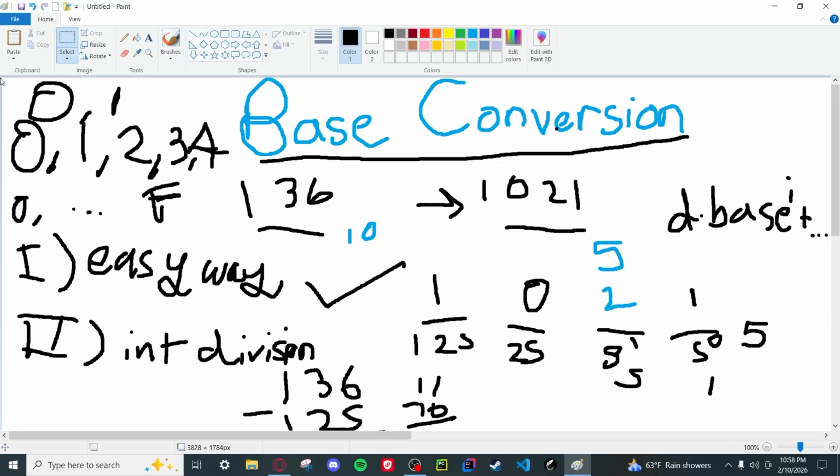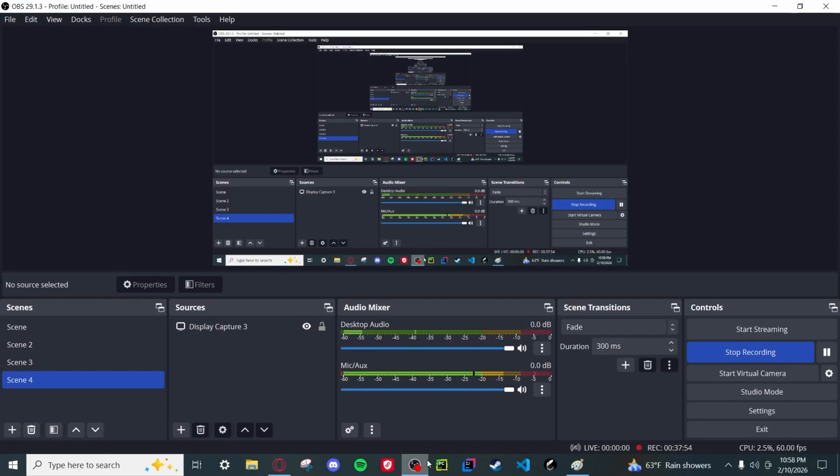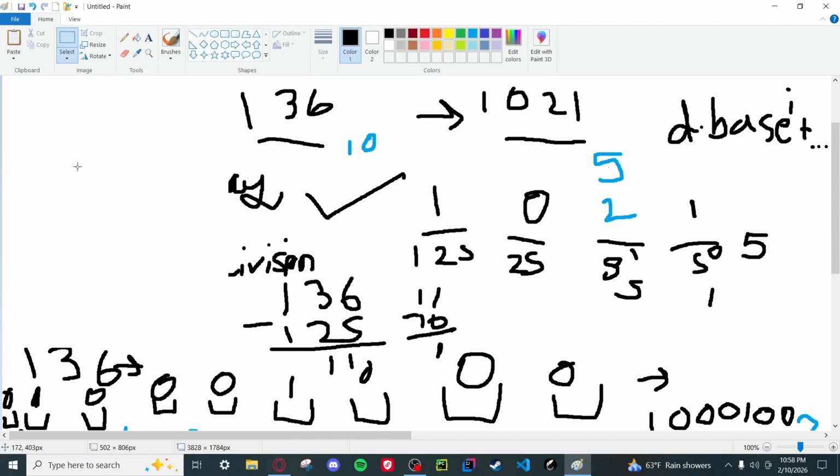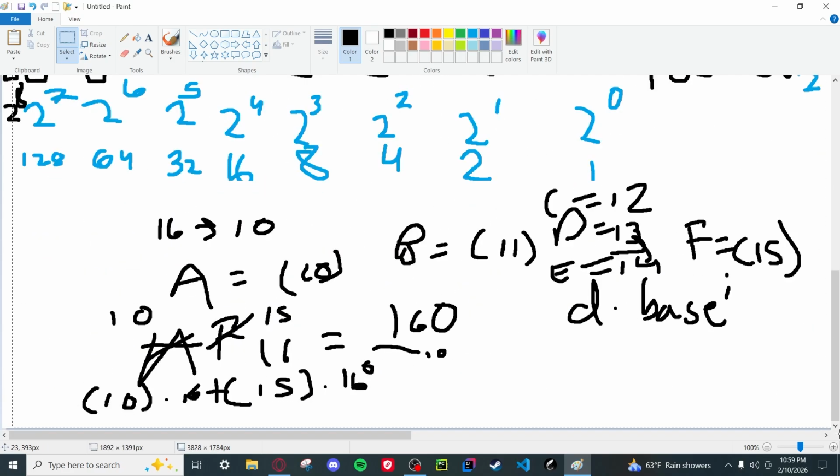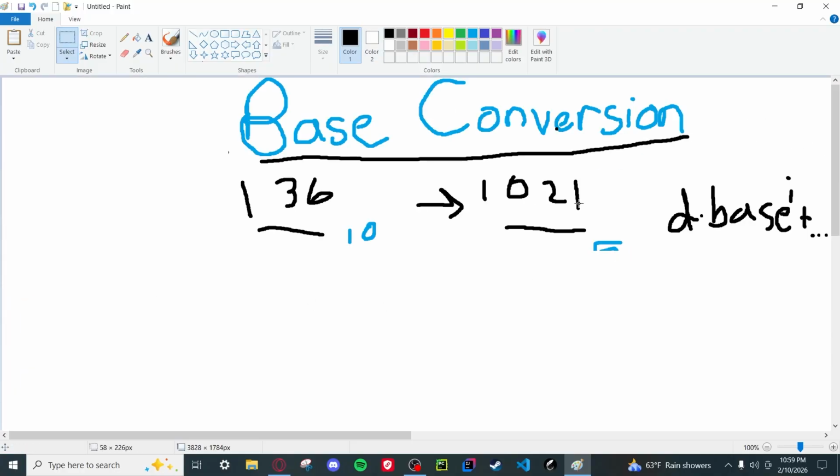Now we're going to get to the second way of doing this conversion. I'm only going to do one problem focusing on this other way, because to be frank, I don't like it very much. I don't think this is a good method to use. Maybe if you have a calculator on hand, you could do this method. Or if you're writing code, I could see algorithmically this might be easier to do.